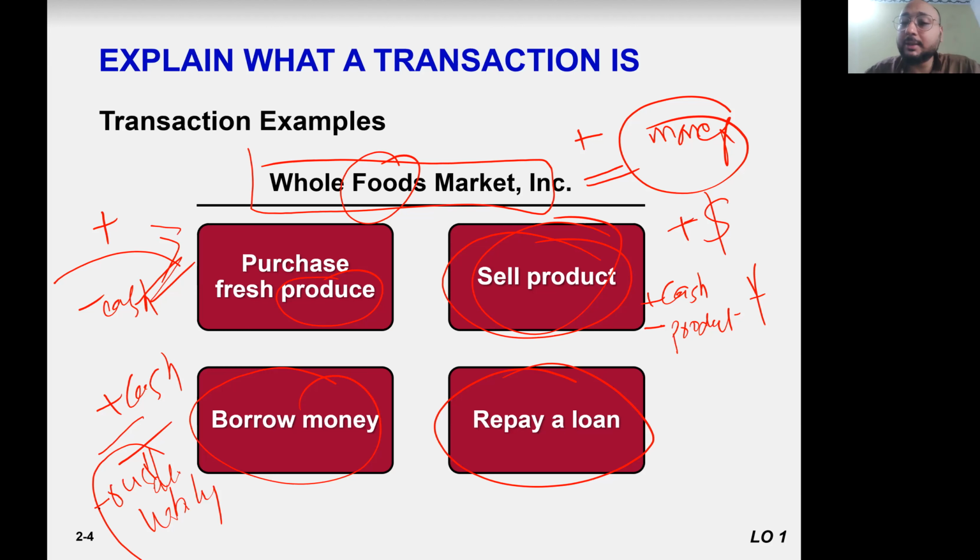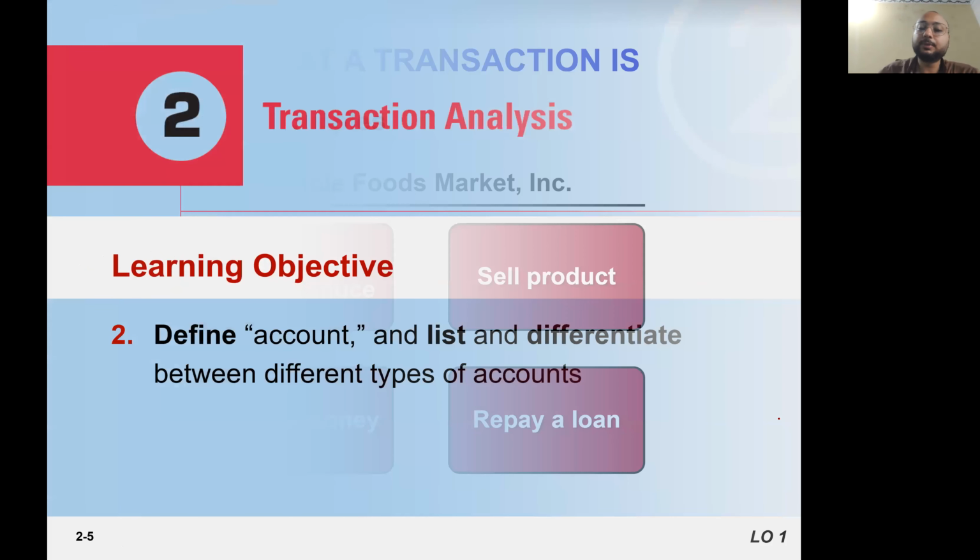Repaying loan means outsider claim is decreased and our cash is decreased. So there is both given and receipt side. We pay back the loans and we receive less claim from the outsider. Right? So that has a financial impact, yes, because money is involved.